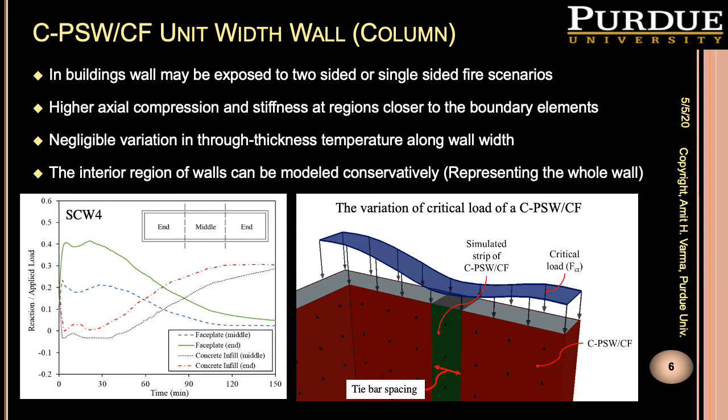A schematic distribution of critical axial compression capacity of C-shaped composite plate shear wall is shown in this figure on the right side. This axial critical load distribution can be verified by comparing the axial load distribution in different regions of a wall during exposure to fire loading.